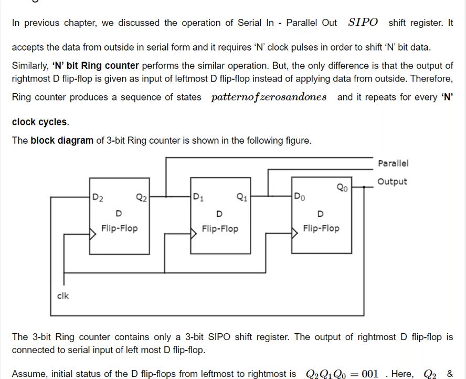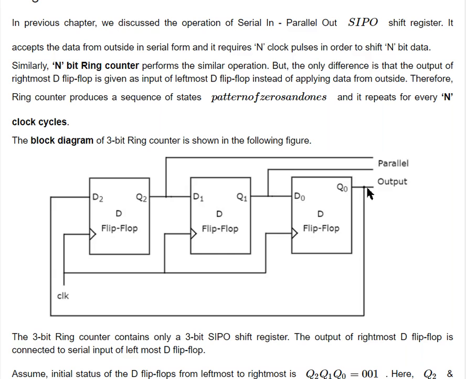If you want to perform the operation on n flip-flops, you require n clock pulses. So it is called an n bit ring counter, and it performs a similar operation, but the only difference is that the output of the rightmost D flip-flop is given as an input to the leftmost D flip-flop instead of applying data from outside.